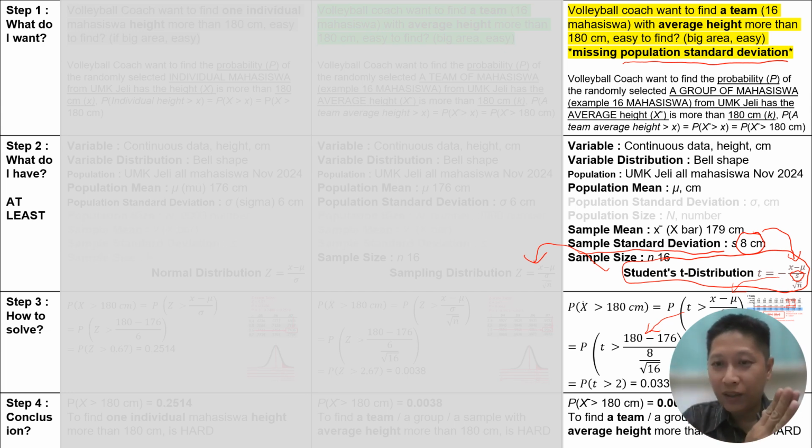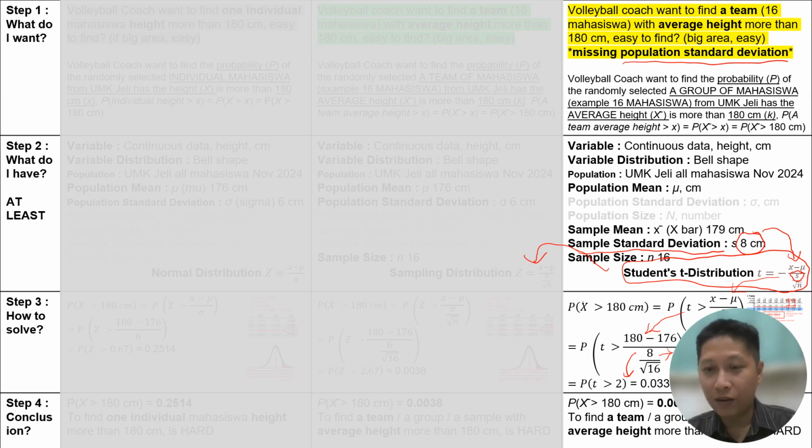Originally, we had the variable in cm. Now we have it in the form of a t-score, but we don't want the t-score. What we want is the probability. So we need to ask the t-table to help us. The difficult part about the student t-distribution is converting from t to probability. It's a little bit complex. Later on, you can see how the calculation is done from the given table here.